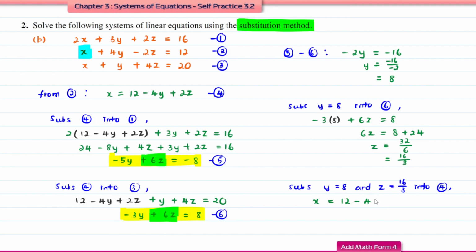So the y, substitute it with 8, plus 2z. So the z, we're going to substitute it with 16 over 3. So here, just solve it using your calculator. It will give you the answer of negative 28 over 3.